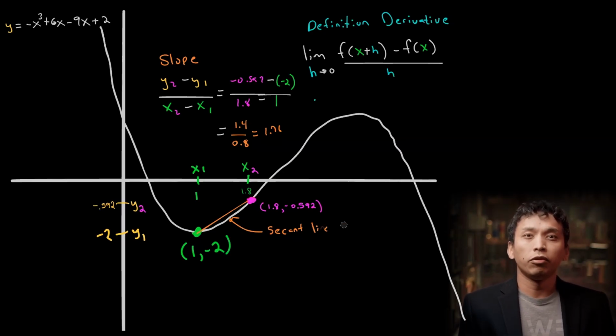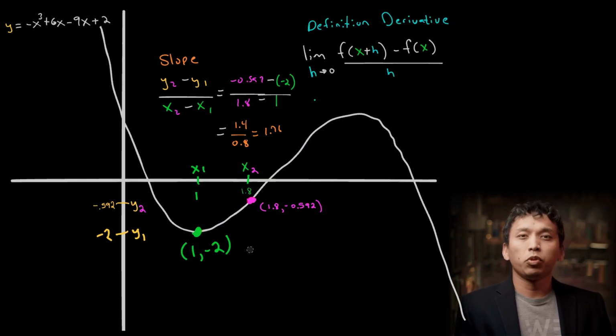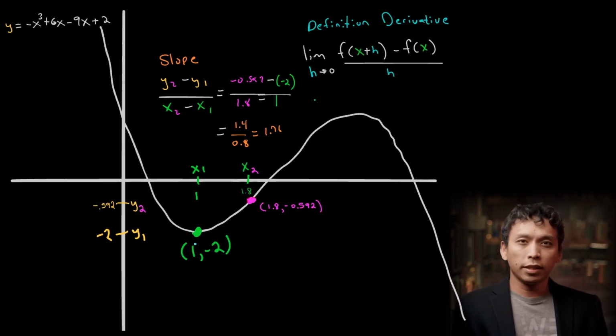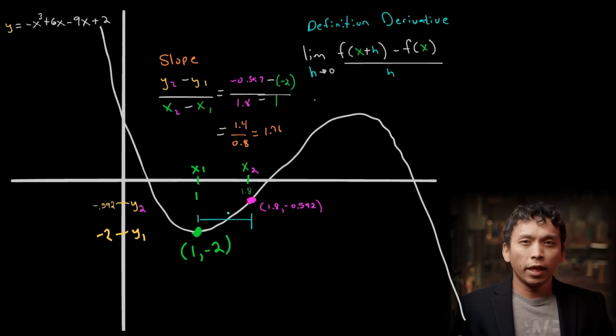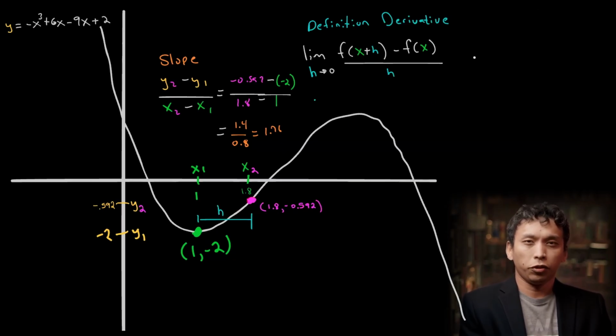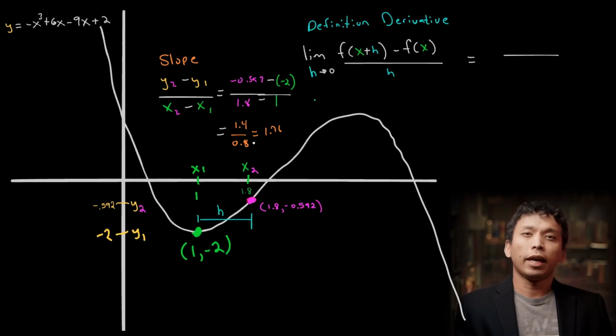For the limit definition, we take the difference between x2 and x1, this horizontal distance right there, and instead of calling it x2 minus x1, we give it the variable h. Looking at our limit difference formula, we know our h value, which we solved earlier, is 1.8 minus 1, or x2 minus x1. So our h value is just equal to 0.8.